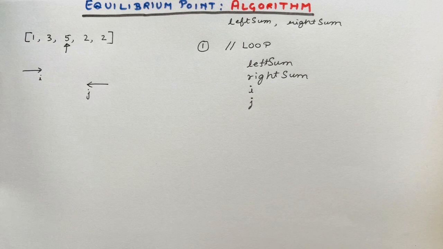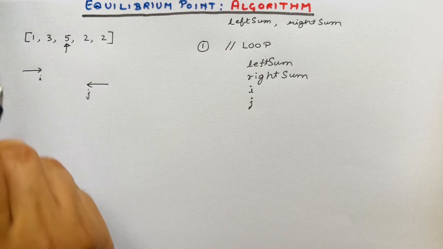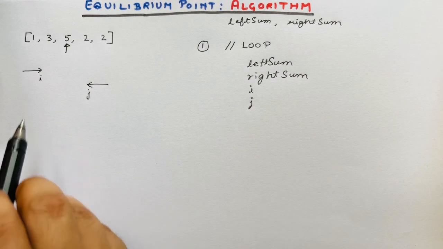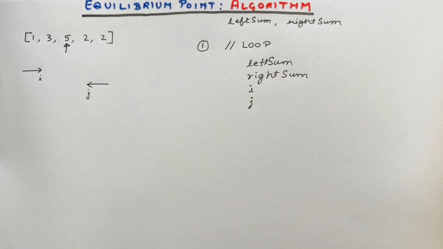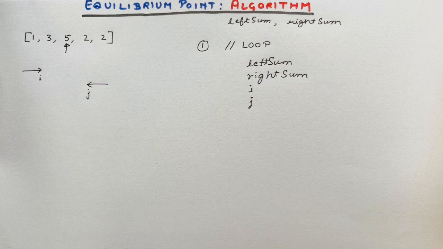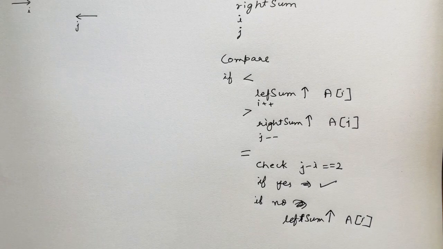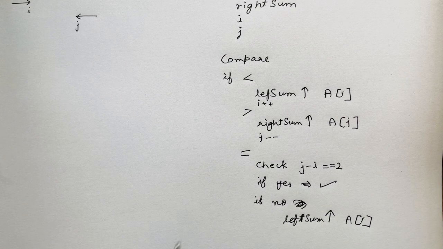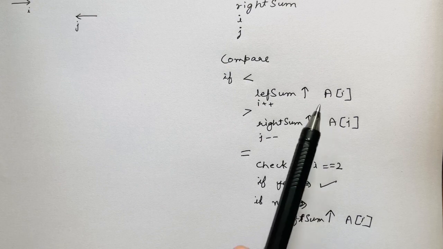Okay, now let's try putting our thought into algorithm. So we know for sure that we have to iterate, and in every iteration, what all will we have? We'll have something called as left sum, we'll have a right sum, we'll have an i, and we'll have a j. And that means we have to initialize these variables earlier before the loop. What will we do next? We will compare left sum with right sum. And if left sum is lesser, that means we have to add an element to the left.